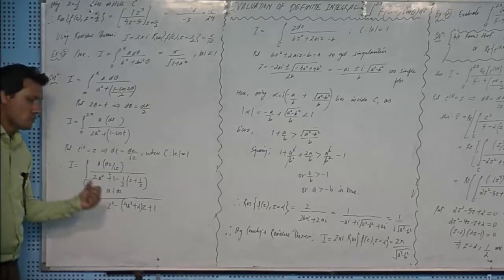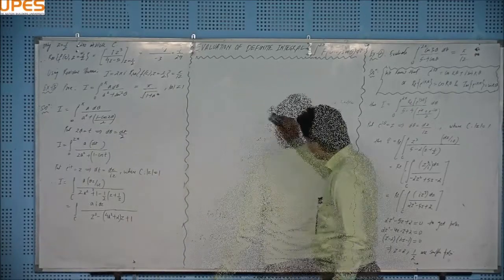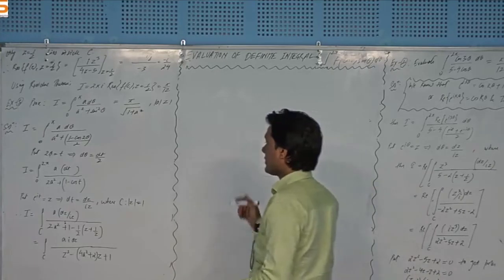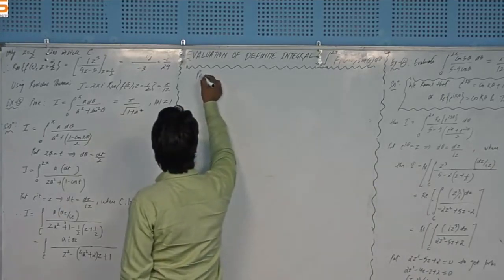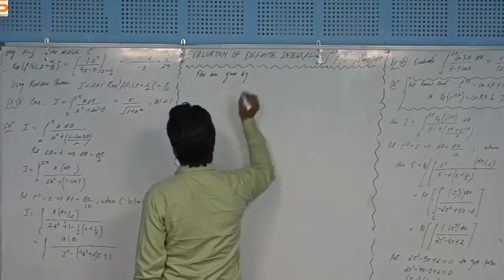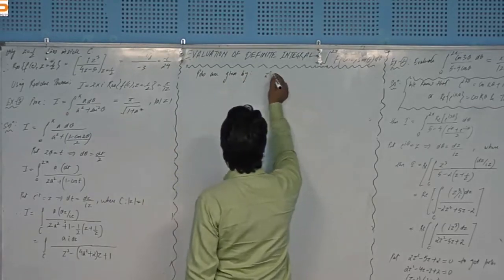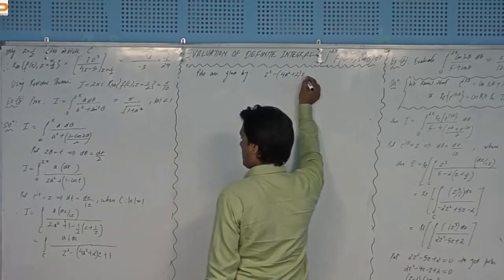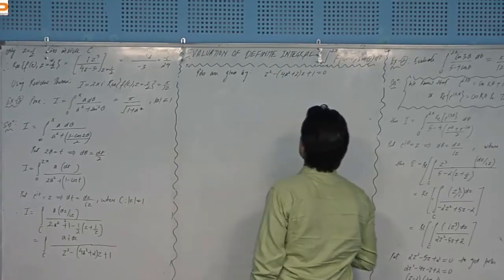Finding poles, right? Poles are given by equating the denominator to 0, right?